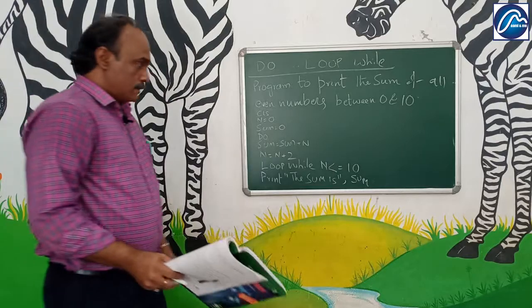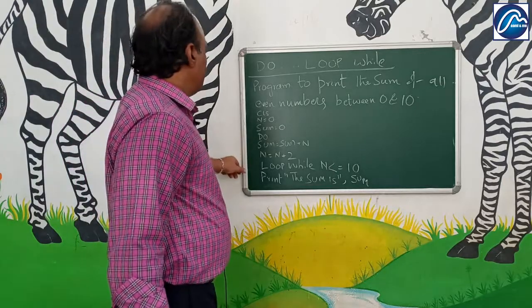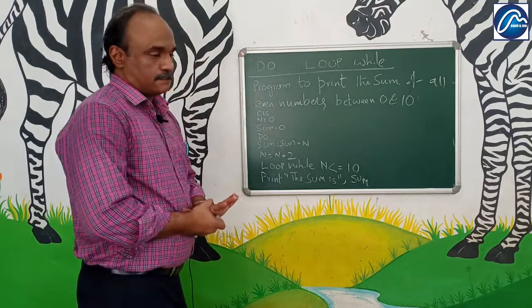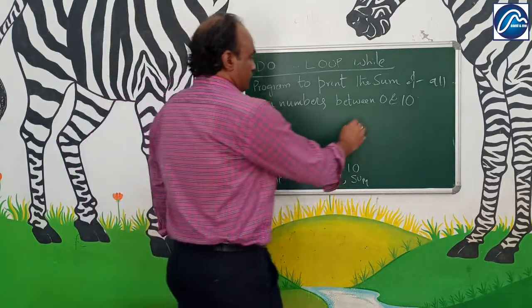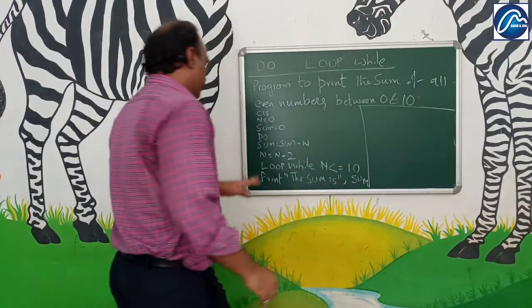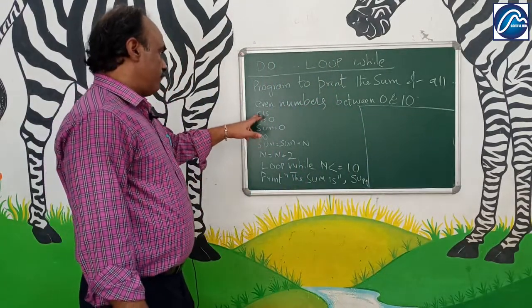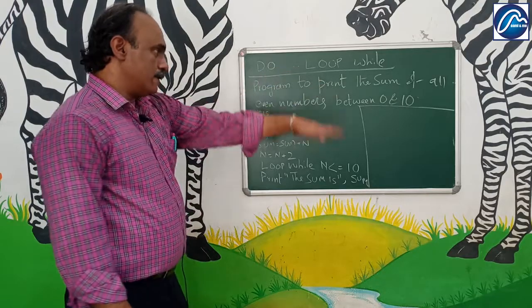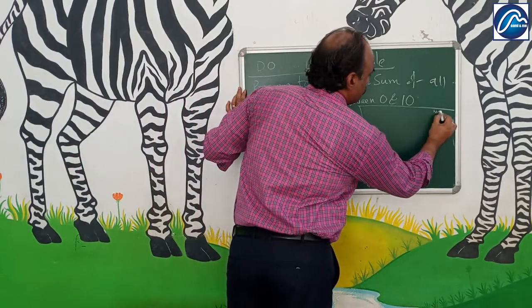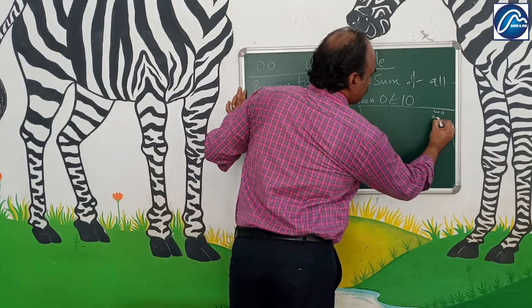See how this program runs. I'll tell you how it is. See, first thing will be CLS. You are getting a new screen. n is equal to 0. Sum also is equal to 0.